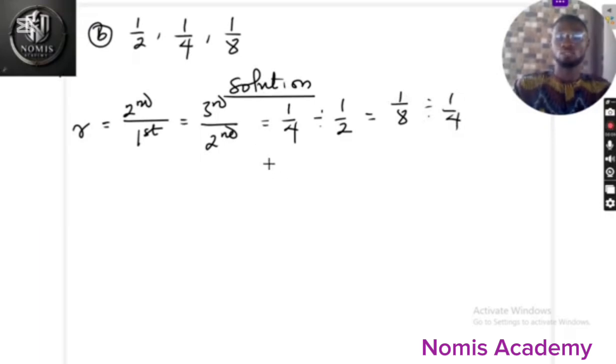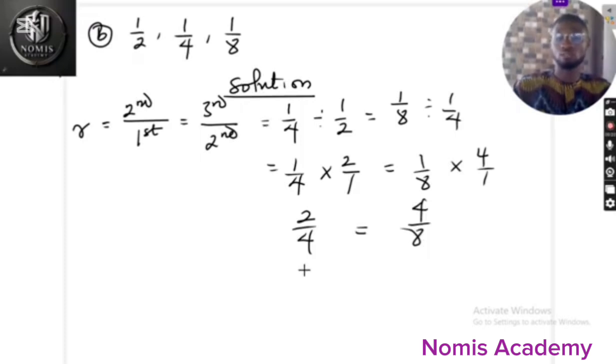So this is 1 over 4 multiplied by 2 over 1, and this is 1 over 8 multiplied by 4 over 1. Since 2 over 4 is equal to 4 over 8, which is 1 over 2, our ratio is 1 over 2, which is less than 1. Then the sum to infinity exists.